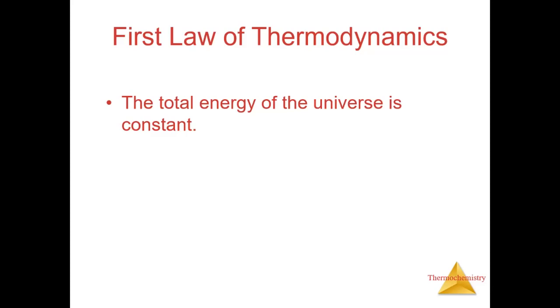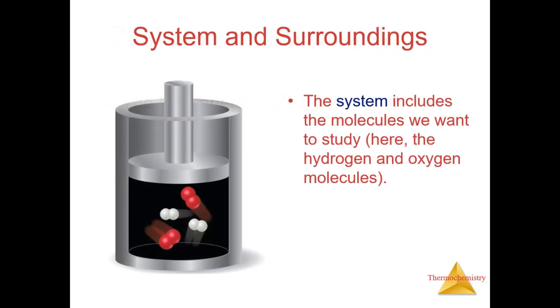The first law of thermodynamics: the total energy of the universe is constant. So what that means to you is we have to think about things as systems and we have to think about things as surroundings. We have to define what we're talking about. If we're talking about a specific area, that area becomes our system. That is the thing we want to talk about.